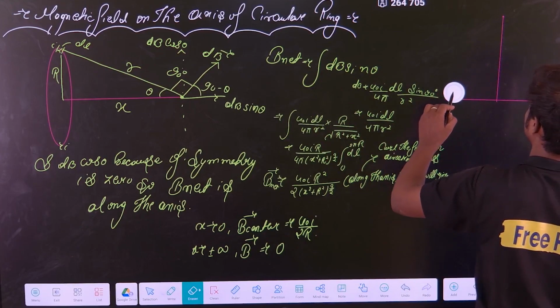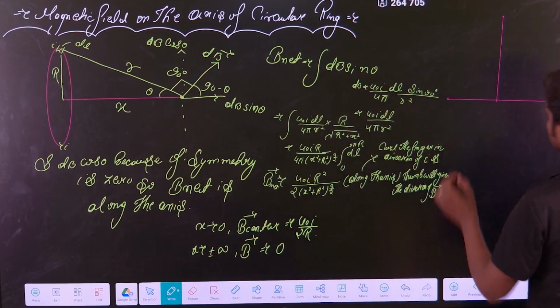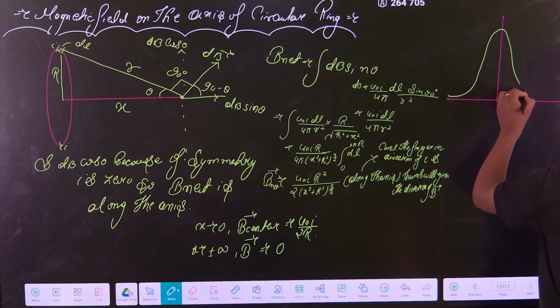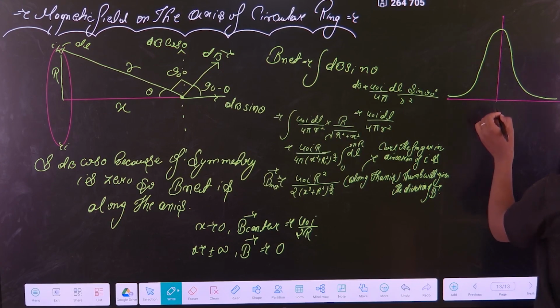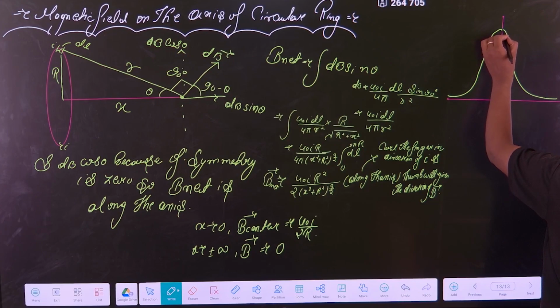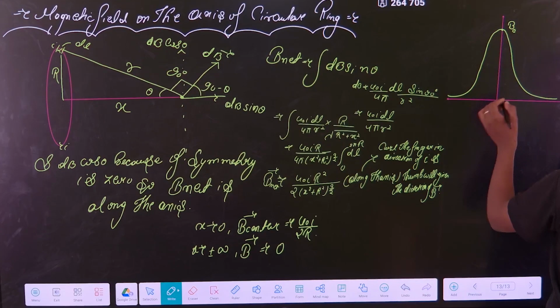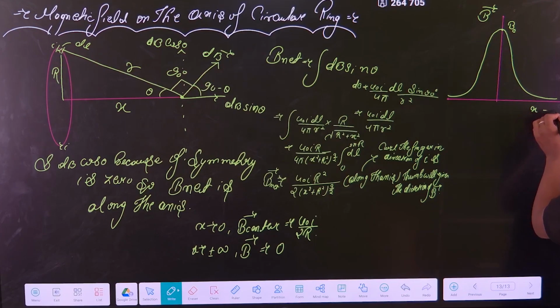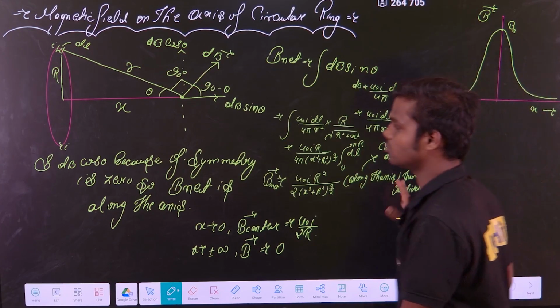At center it is maximum, and then it starts decreasing. So at center it has a maximum value, this is B at center, and then it decreases. This is magnetic field versus x, correct? This is how the graph will look.